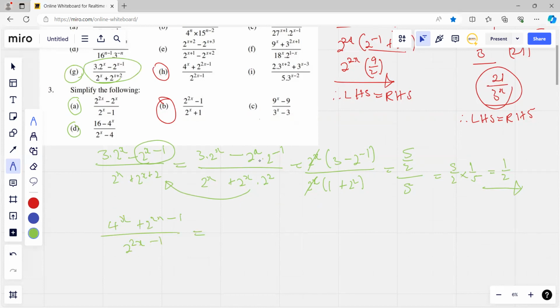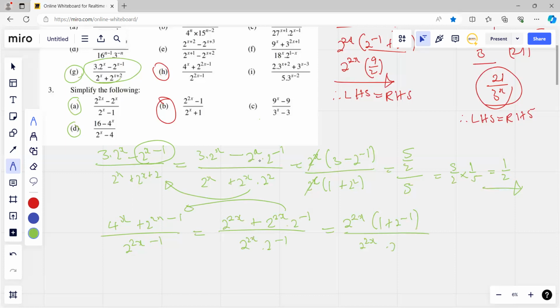Then here, 4 to the exponent x is equivalent to 2 to the exponent 2x, plus 2 to the exponent 2x multiplied by 2 to the exponent negative 1. We apply the law that says if the bases are the same, we add the exponents. Here also the same law applies: 2 to the exponent 2x multiplied by 2 to the exponent negative 1. We take out a common factor of 2 to the exponent 2x, then we have 1 plus 2 to the exponent negative 1, divided by 2 to the exponent 2x multiplied by 2 to the negative 1.